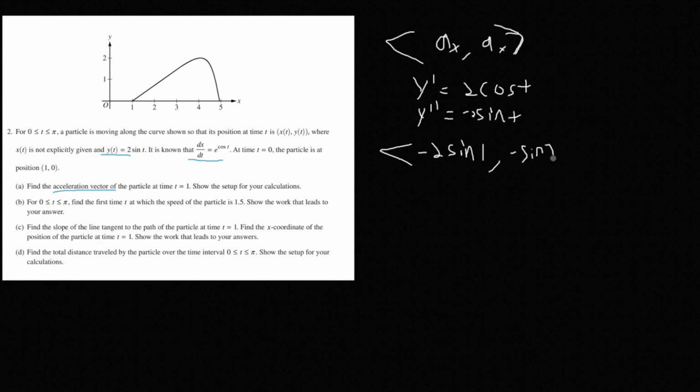And then we're going to have a 1 there, multiplied by e to the cosine t, or cosine 1, cosine 1. And you could enter this into your calculator if you wanted to, but this is just the derivative of this evaluated at t is equal to 1.